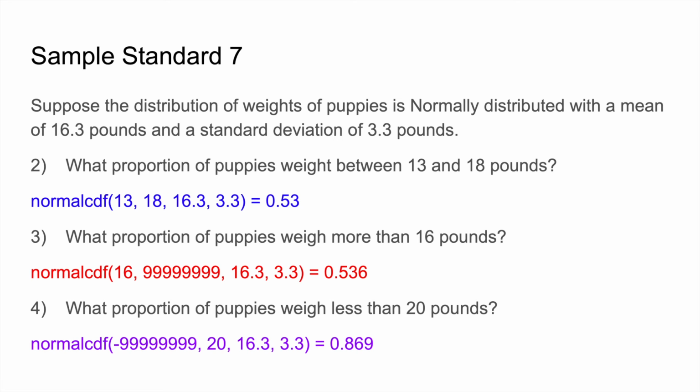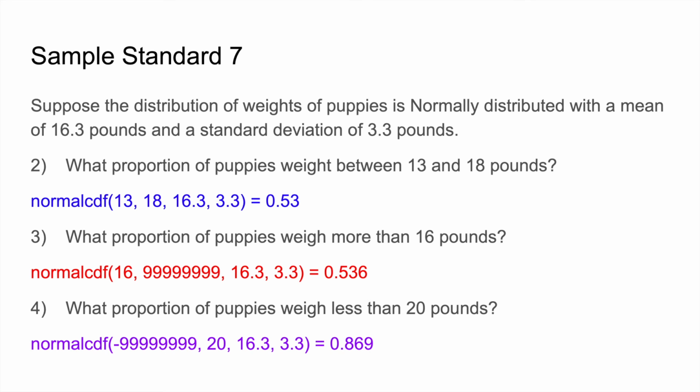What proportion of puppies weigh more than 16 pounds? Okay, so for this one, same thing, but your lower bound is 16 pounds because we want to know about puppies that weigh 16 pounds or more, right? So the lowest one that we care about is 16 pounds. That's why it's the lower bound. The upper boundary needs to be a really, really big number, right?